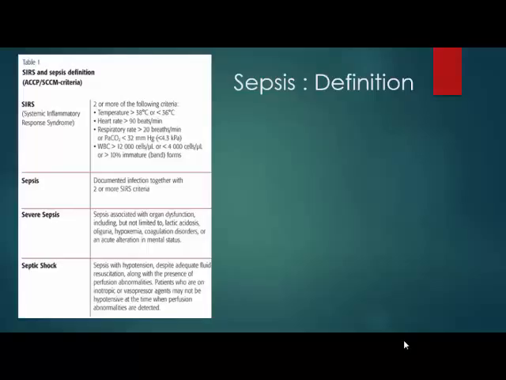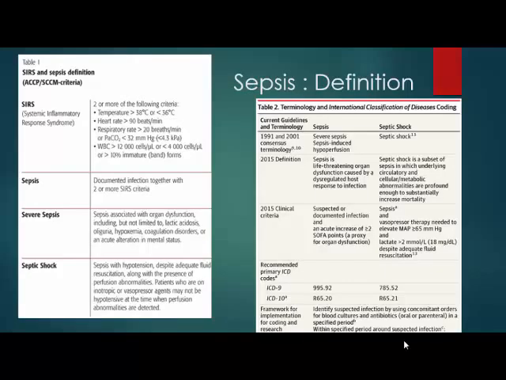I don't think you need to review this. But SIRS criteria, and then sepsis was 2 or more SIRS. Severe sepsis was organ dysfunction associated with this, and then septic shock was hypotension despite adequate fluid resuscitation, and patients that are on pressors because of hypotension.